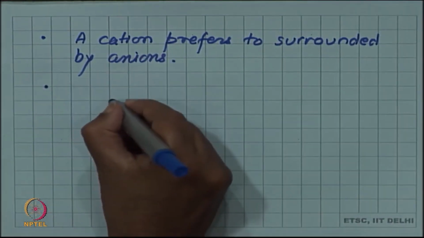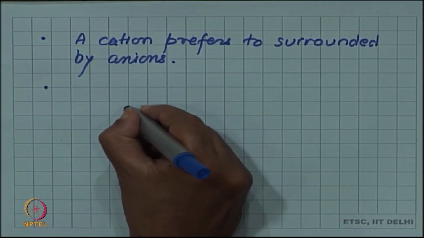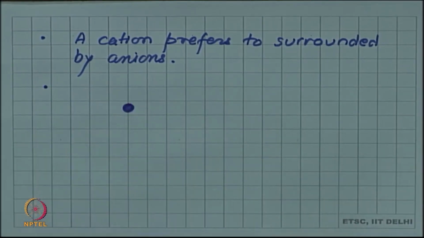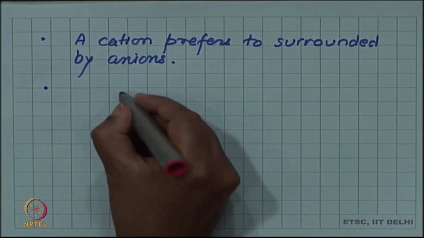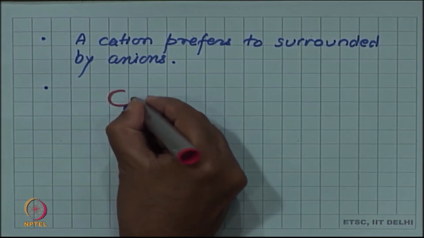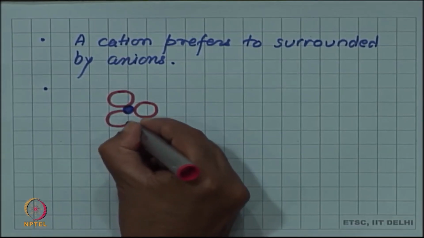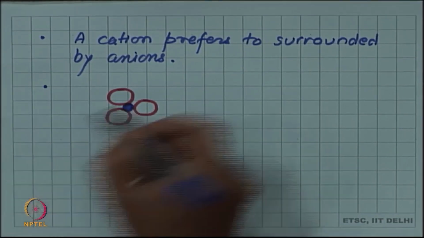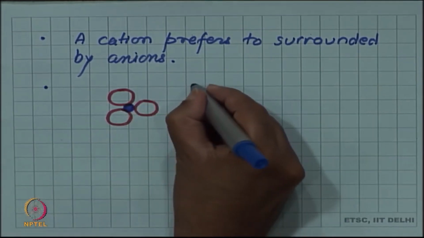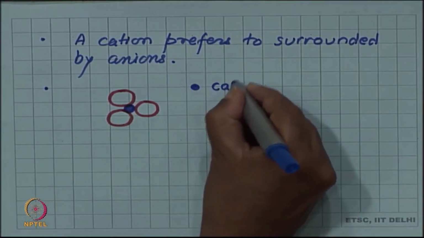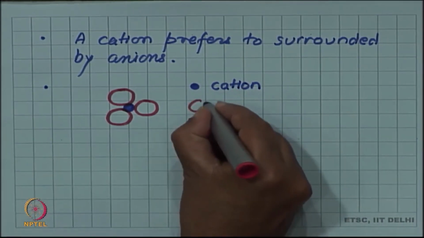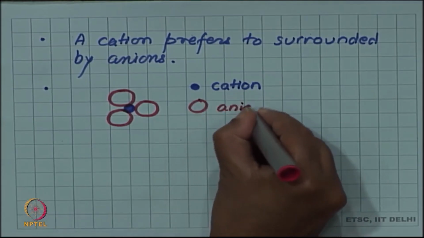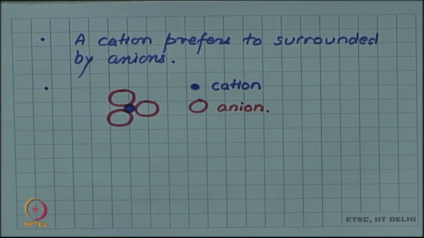Means if I try to draw schematically, if I have a cation, then it will attract anions around it. This is a small cation, large anion.